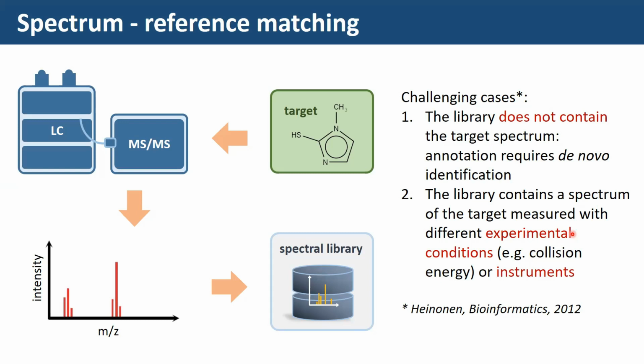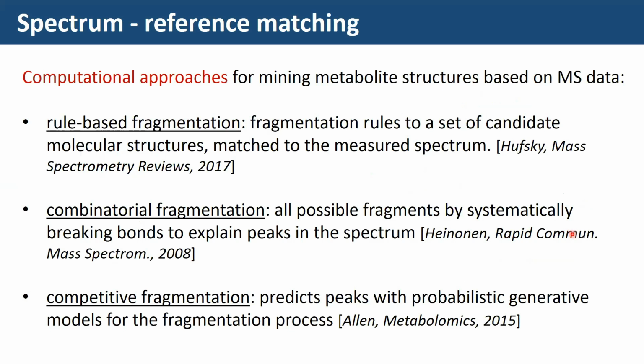This can happen, and so what happens? In the latest 10 years, more or less, different computational approaches have been proposed to enhance the identification of compounds based on mass spectra, okay? Here you have some references.